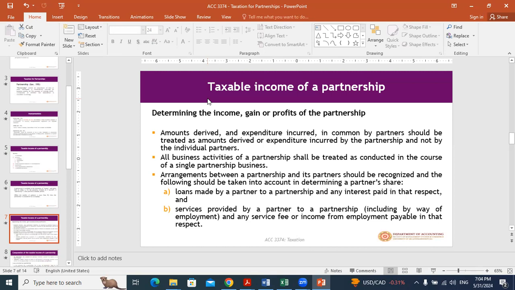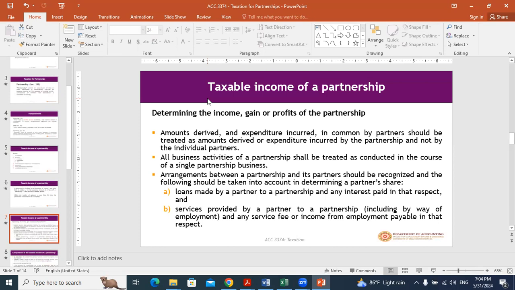All the business activities of a partnership shall be treated as conducted in the course of a single partnership business. There's a partnership, there are so many business activities, and whatever business activities were conducted are the activities of the partnership business. One other special thing is that arrangements between the partnership and its partners should be recognized and taken into account in determining the partner's share.